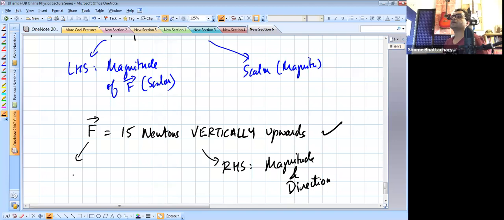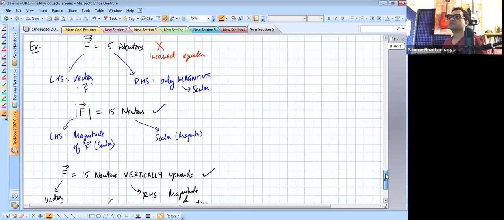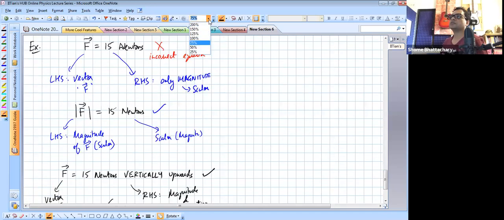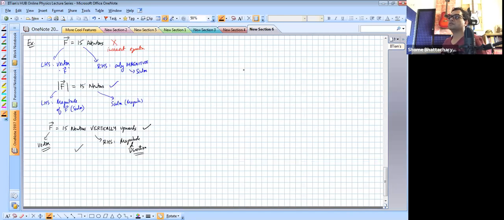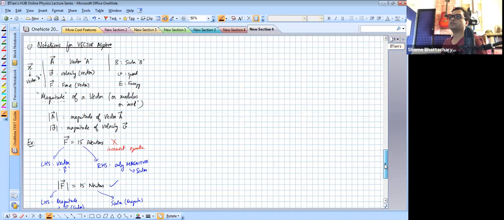So I'm relating a vector with both its magnitude and direction. Hence this statement is correct. Just to understand the technicalities of notation, the proper technique of writing notation, it's important that you understand this example. So write the notation down first and then understand these two statements.